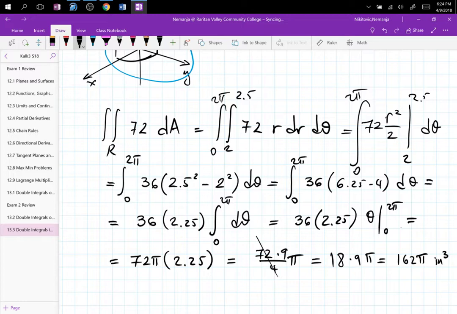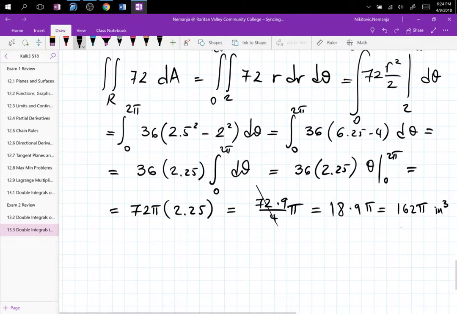So 162 pi. I don't know why I did 9 times 2 instead of 9 times 8 in my head. To multiply this quickly in your head, I should have done 18 times 10 minus 18. That's much faster. I did 10 times 9, and then for whatever reason I did 2 times 9 instead of 8 times 9. Anyway.